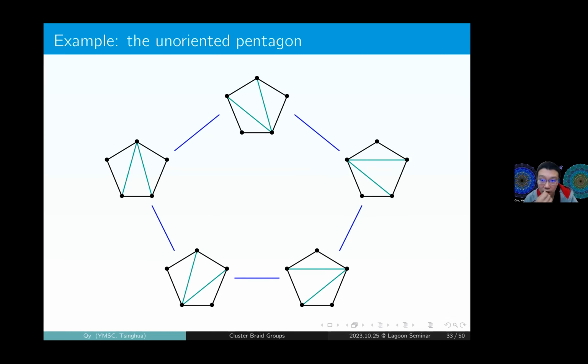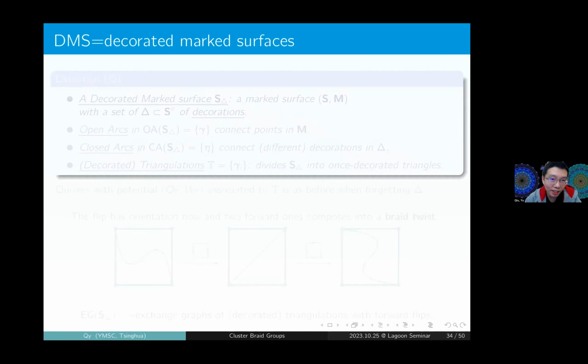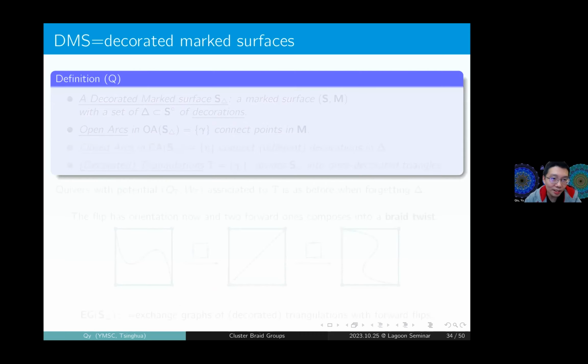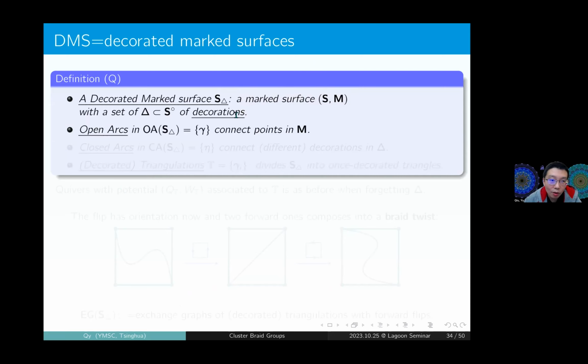But how the braid group comes into play is that you want to consider the decorated version of this marked surface, which is that in FST's marked surface, one should add a set of decorations. My motivation is to study the 3-Calabi-Yau category associated with the quiver with potential, and from that point of view, this is the right thing to do.